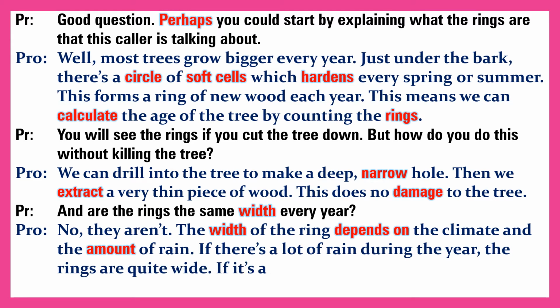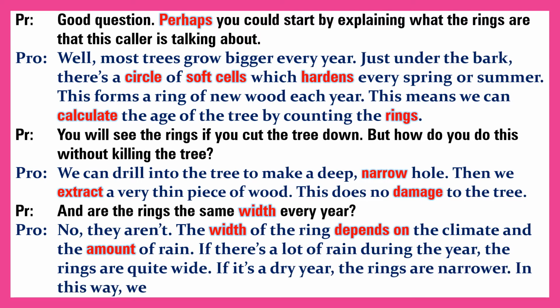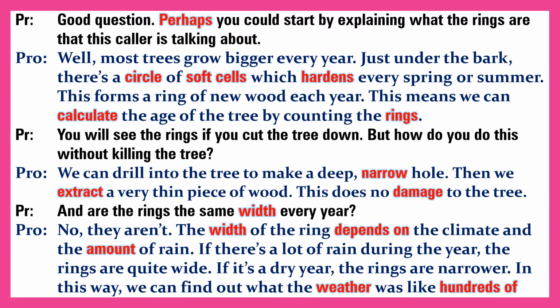Presenter: And are the rings the same width every year? Professor: No, they aren't. The width of the ring depends on the climate and the amount of rain. If there's a lot of rain during the year, the rings are quite wide. If it's a dry year, the rings are narrower.